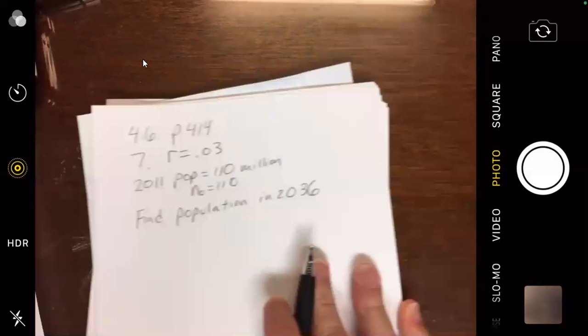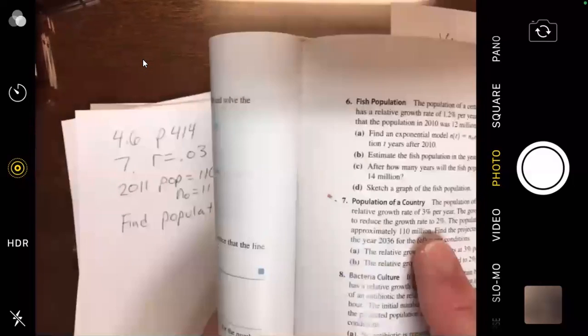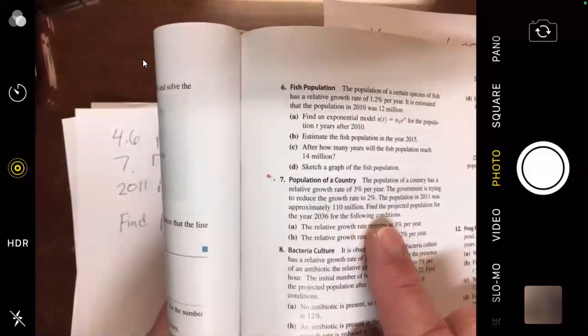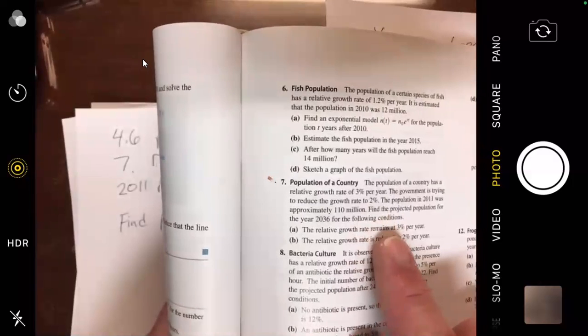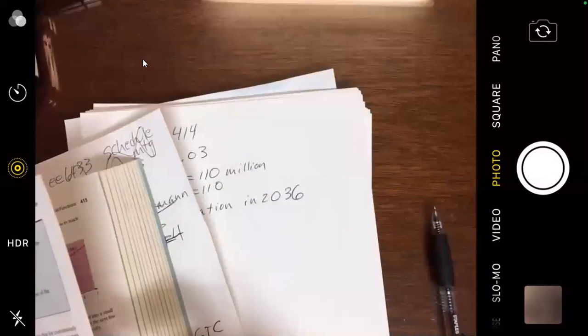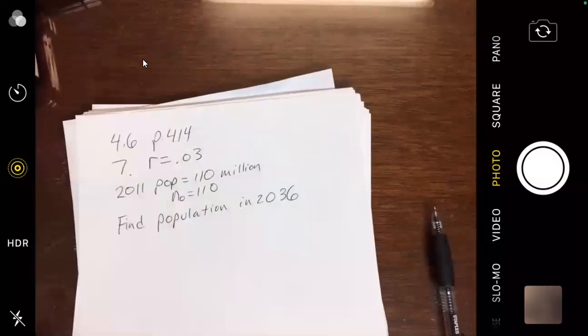Back over so you can see. So they're not giving you the model, so to speak, or the formula equation to use. It's basically going to be this.